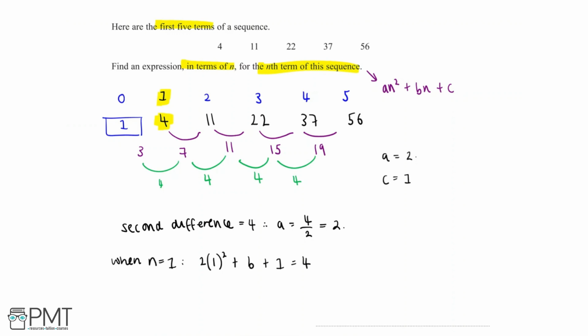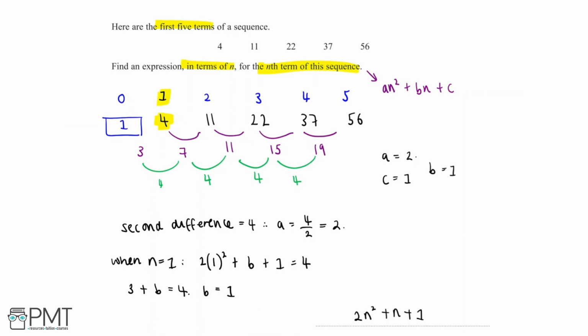So simplifying this, we have 2 plus b plus 1, so we have 3 plus b equals 4, and therefore we can say that b is equal to 4 take away 3, which is equal to 1. Now when we substitute these values into the format an squared plus bn plus c, we can see that the expression of the nth term of the sequence is equal to 2n squared plus n plus 1.